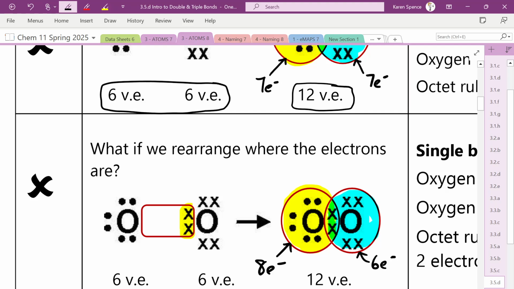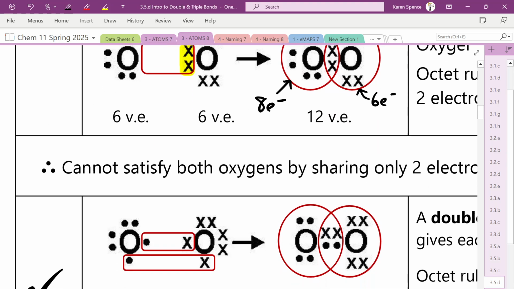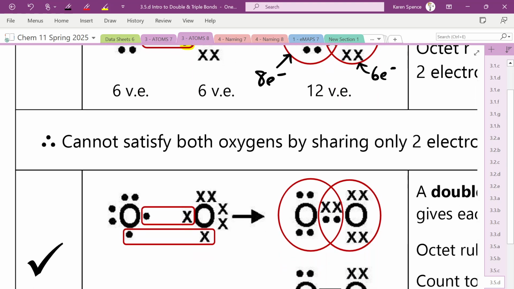And you are not allowed to just stick in a couple extra electrons. You can't say, that oxygen needs 8, because that would give it 14 electrons in total, and you only have 12 to work with. You cannot just add in extra electrons. It's not allowed. So we cannot satisfy both oxygens by sharing only 2 electrons.